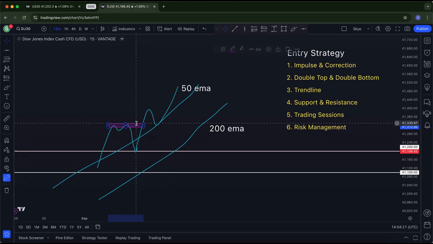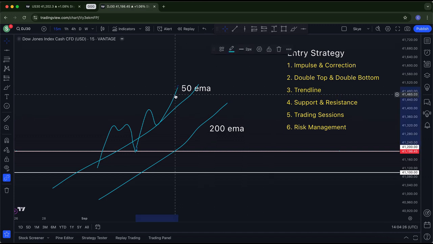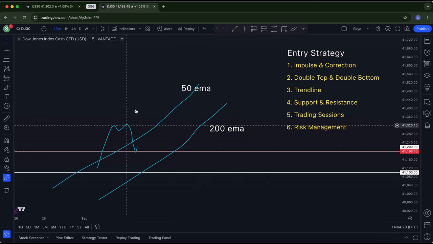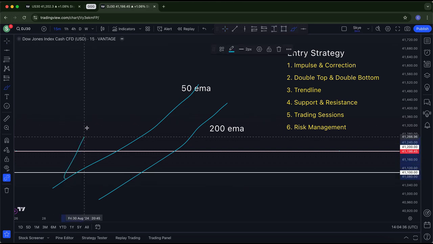Also, one more thing, I added a trend line. The importance of the trend line is also to protect us from entering fake setups. So you may have something like this, the market is growing well, now giving you something like this.